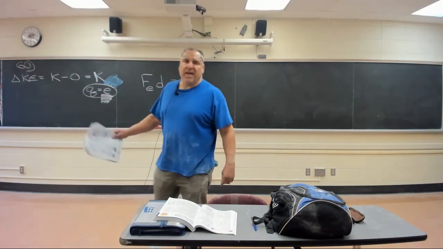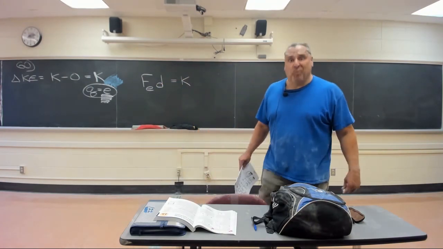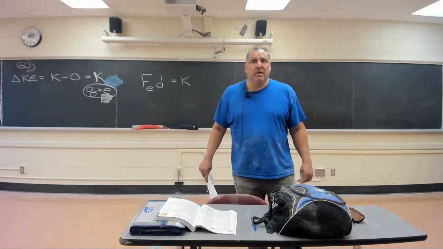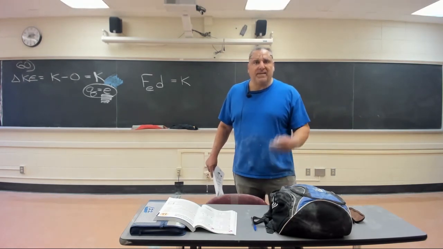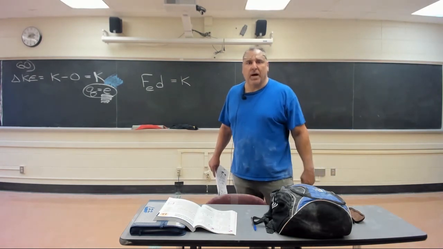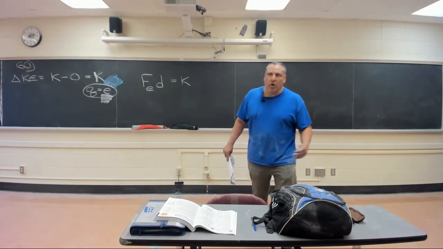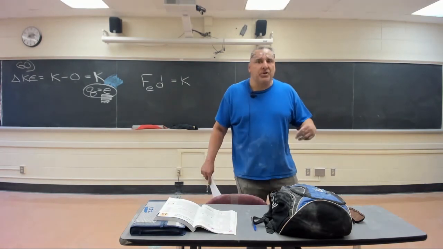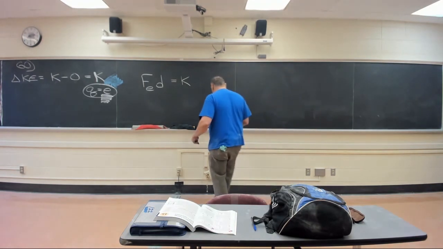You robbed it of K amount of kinetic energy. What does that mean? You better do K amount of work stopping it. The E field is the brakes. And the brakes have to do the same amount of work that you want to rob in terms of kinetic energy from the electron. Because that's the only thing under consideration right there.